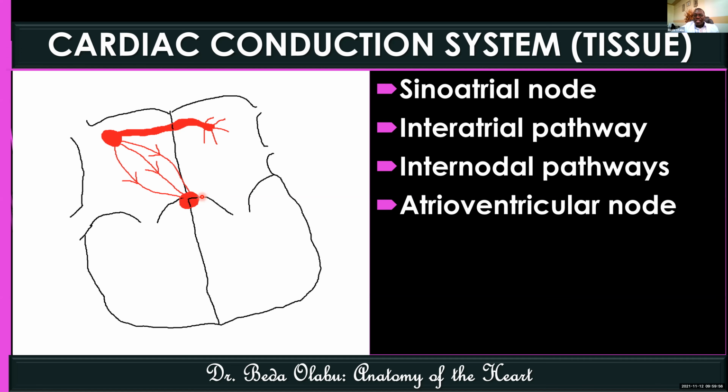So the valves attach onto that fibrous skeleton. And three, they provide electrical insulation so that impulses cannot move from the atria to the ventricles anyhow. Impulses can only move from the atria to the ventricles through the AV node.